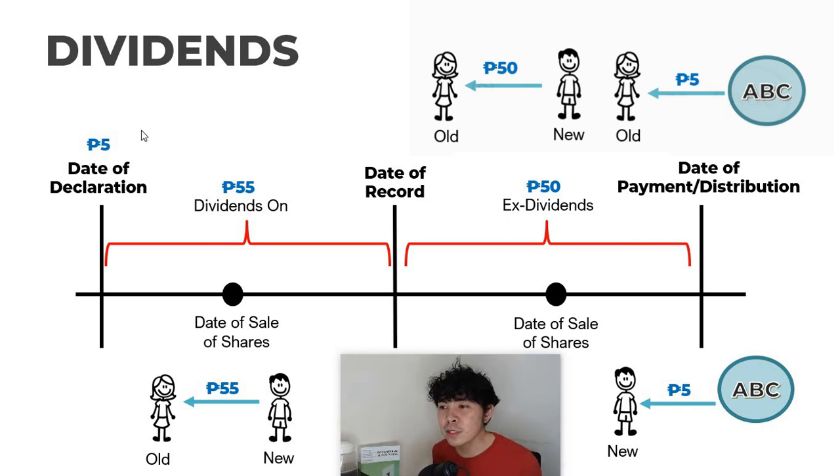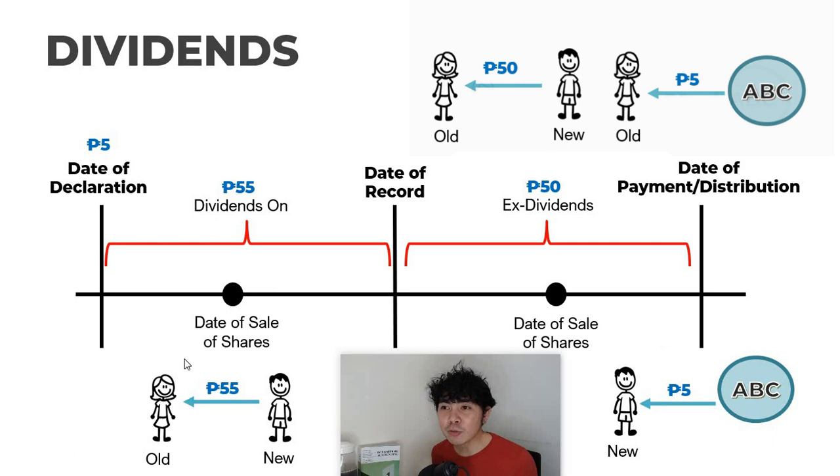Kaya kung papansinin nyo, in effect, kapag nakatanggap yung bagong shareholder dito ng dividendo na 5 pesos per share, in effect, wala talaga siyang na-receive na dividendo. Bakit? Kasi yung dividendo na 5 pesos, binigay na ni new shareholder dun sa lumang shareholder. Kasi nga, dividends on. Kasama na yung dividendo dito sa fair value na 55 pesos, which is yung 5 pesos kasama rito. Tapos, marireceive niya rin yung 5 pesos pagdating ng date of distribution.